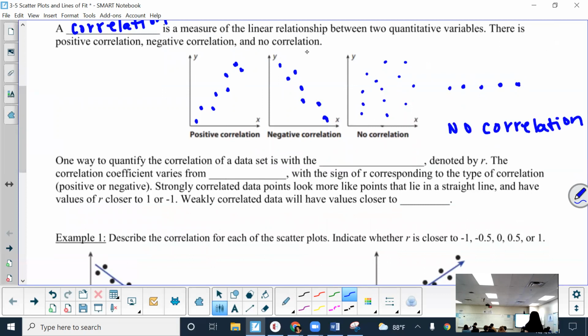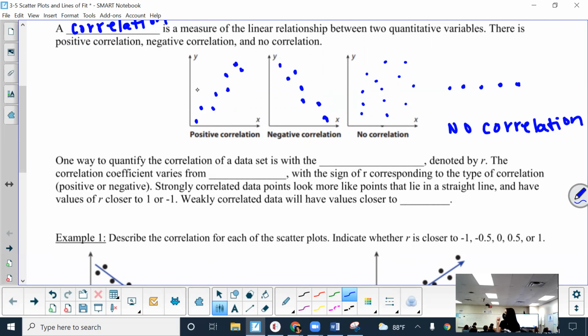All right, so think about like in real life when you might see positive correlations, negative correlations, and no correlations. So like positive correlation can be like X could be the number of sales and Y could be the amount of money you make, right? As one increases, so does the other.